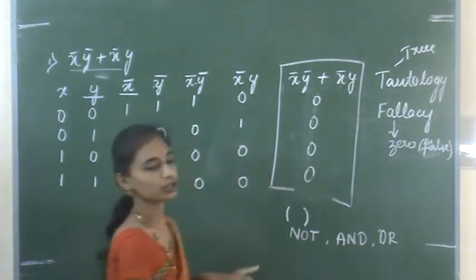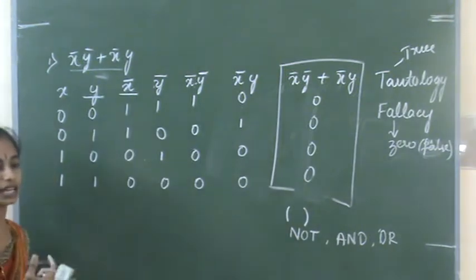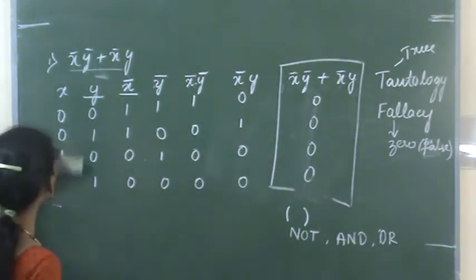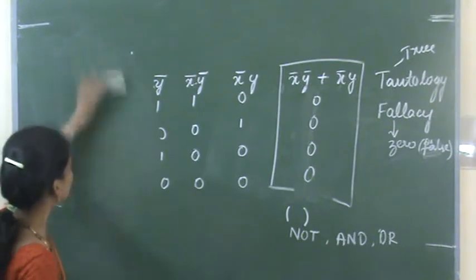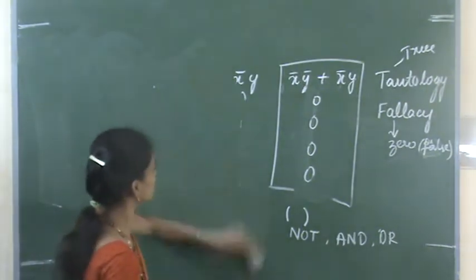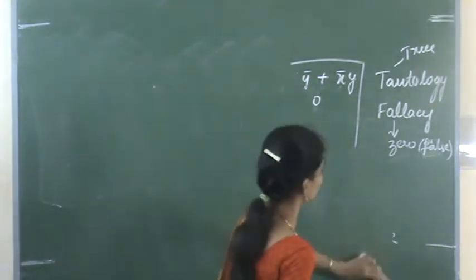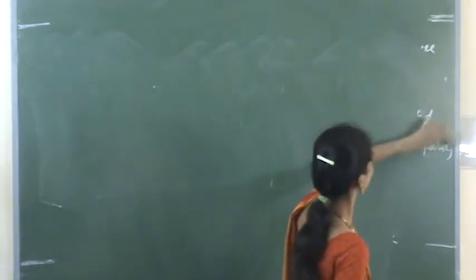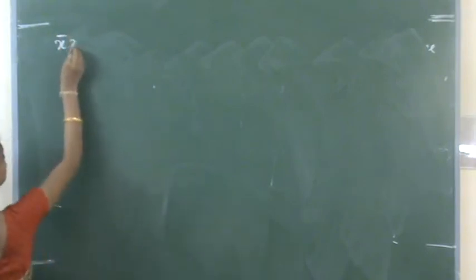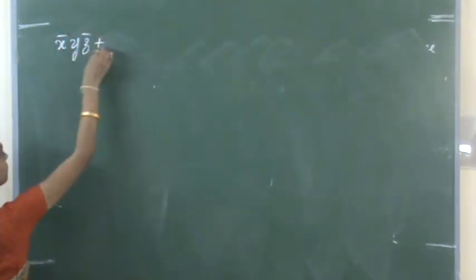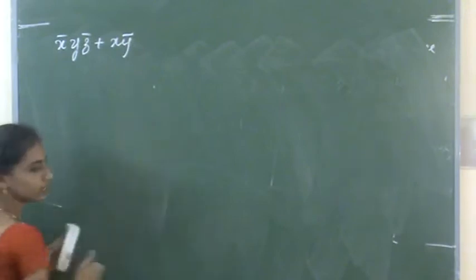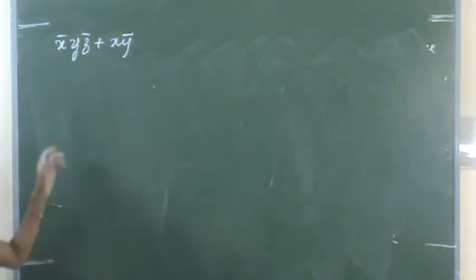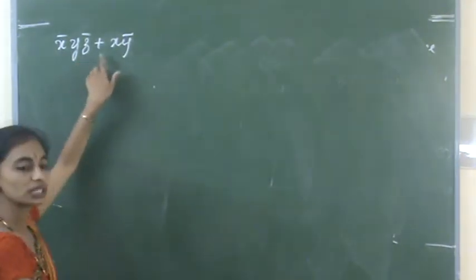So this is about constructing or evaluating the Boolean expression. Now we will go for another Boolean expression to construct the truth table. In this Boolean equation, we have 3 variables.